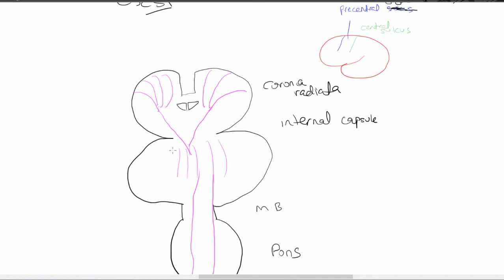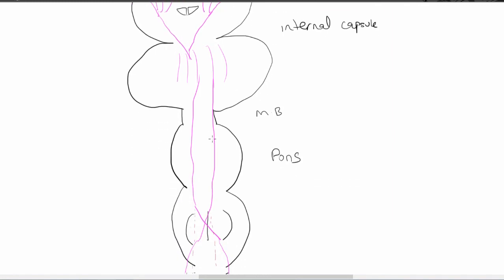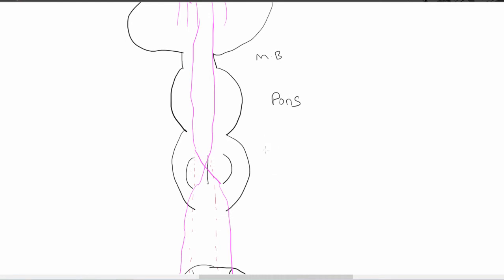It then gets to the pons, where the fibers just start to fan out a bit. The most important part is when it comes to the brainstem. It'll pass the midbrain, it'll pass the pons, and then it'll come to the medulla. When it comes to the medulla, this is where the fibers will decussate, and that just means that the fibers will cross.